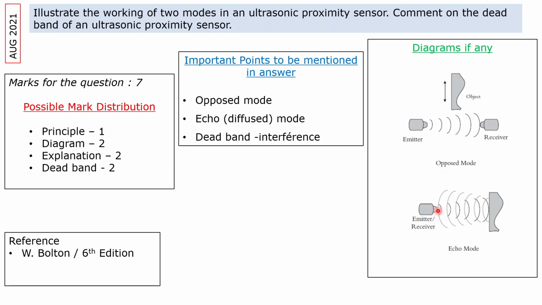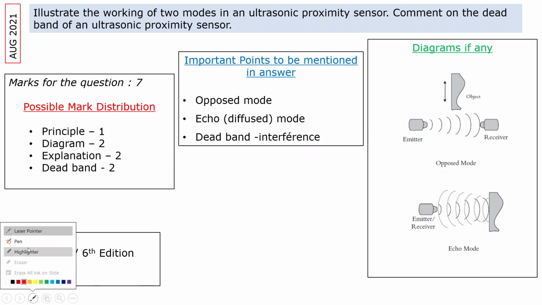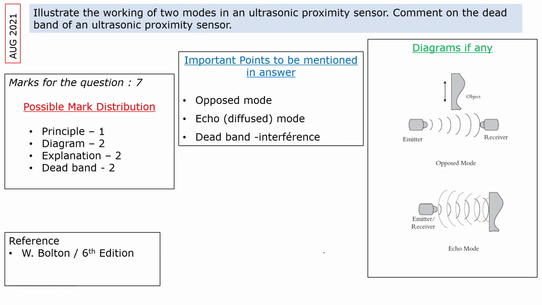Now the comment on the dead band. So the dead band means, in this echo mode, if the object is very near to this particular sensor, the emitted wave and the reflected wave will interfere, and it cannot sense whether the object is there or not.